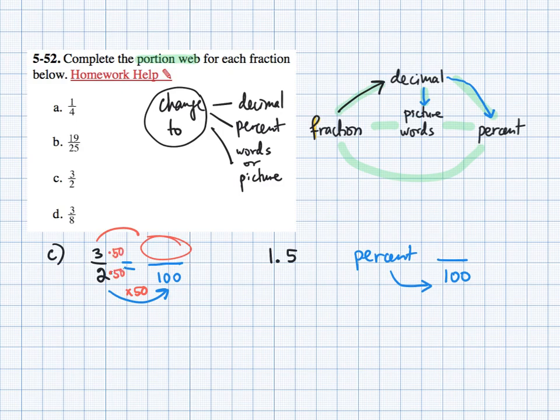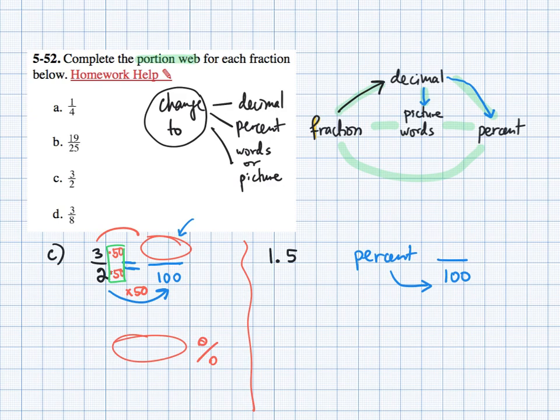We're multiplying by the giant one. So the value is the same, but the look is different. So now 3 times 50, that's your number here. So pause the video and record that. And then 2 times 50 is 100. So now you have your percentage. So copy that number on top that you got and write the percentage symbol. So that's one way.